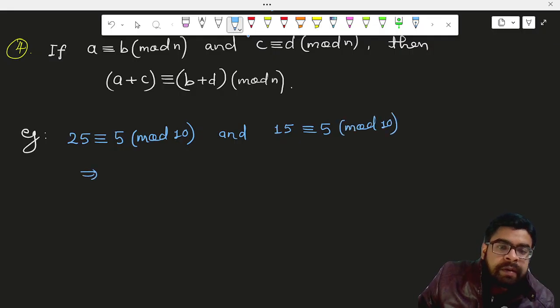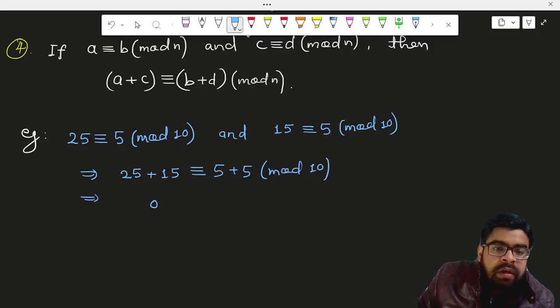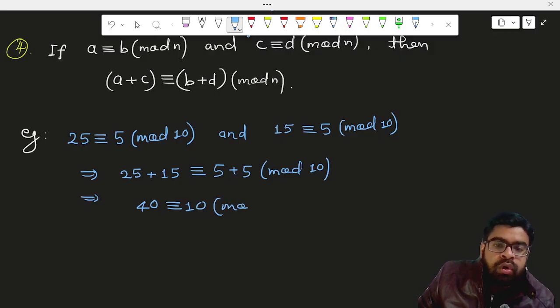Then if we add them, for example 25 plus 15, which is congruent to 5 plus 5 modulo 10, so we can write here 5 plus 5 is 10, and it is 40. So 40 is congruent to 10 modulo 10. Is it true? Let's see.